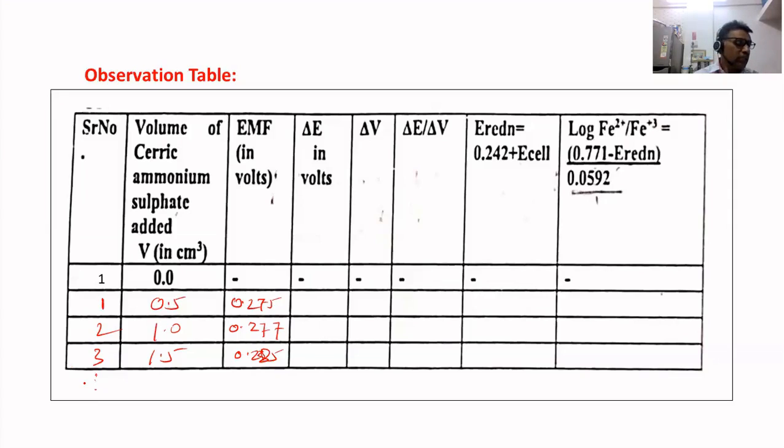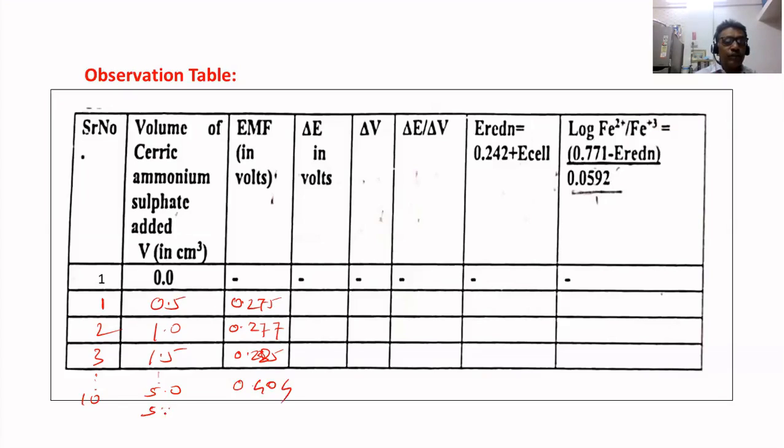I would like to write the reading for 5.0 ml first. This is the 10th reading, and the reading corresponding to this 5.0 volume is 0.404 volt.